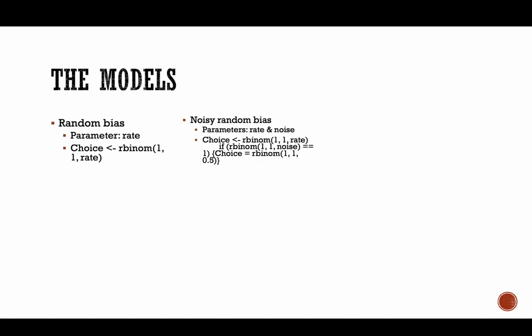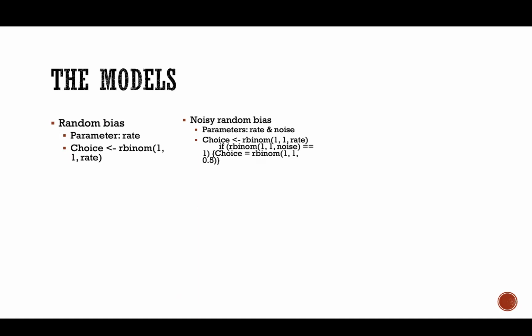Then we have the noisy random bias, which we've seen before, that has two parameters, the rate and the noise. It has the choice rule that does the same thing as before, but then it also samples from a binomial with noise as its theta or rate.